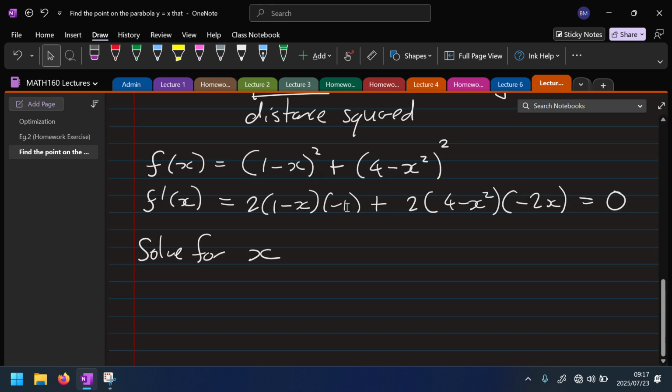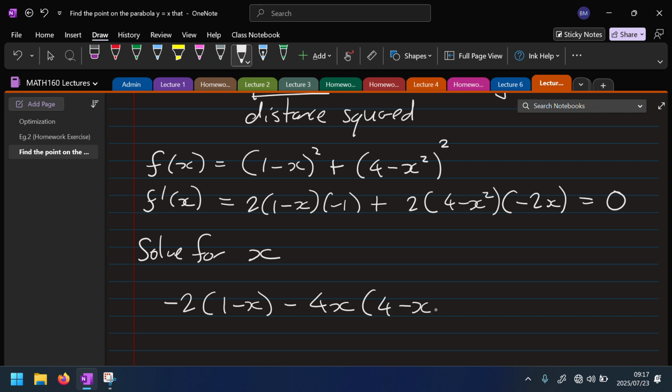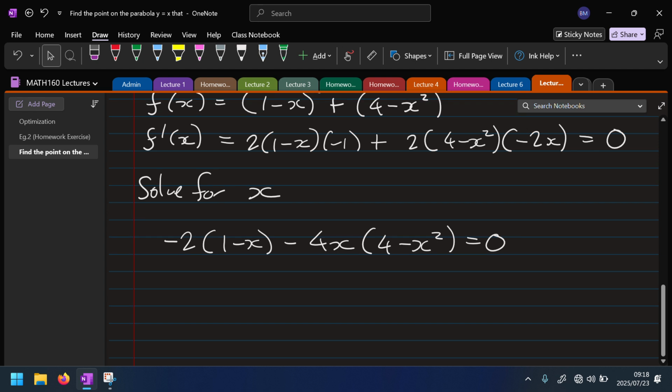So let's simplify the brackets a bit. In the first case, we've got minus 2(1 minus x), and then we've got a minus 4x(4 minus x squared) from the other term. We can divide both terms by minus 2, which will simplify this a bit. So we're going to have (1 minus x) plus 2x(4 minus x squared).